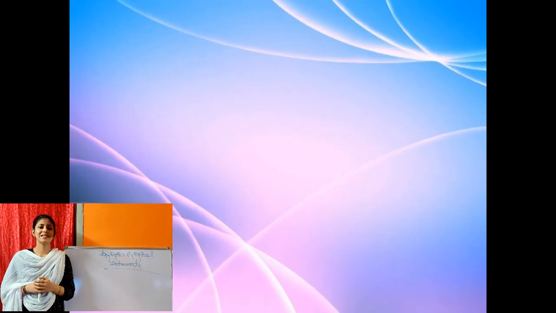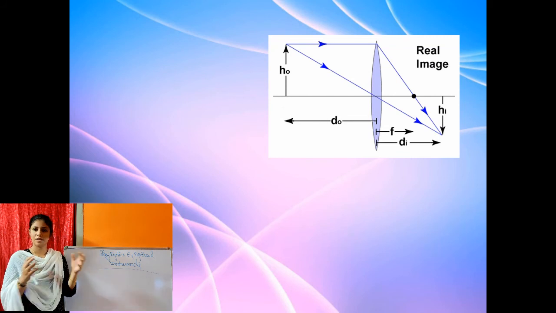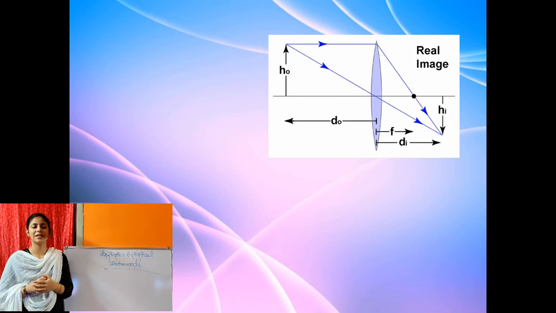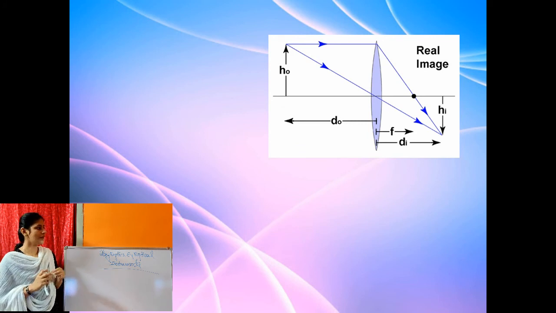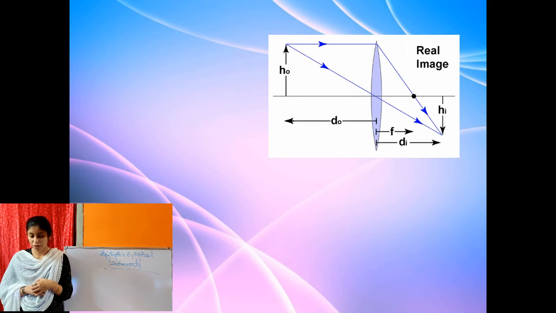Now let's discuss the images in case of lenses. As in the case of reflection, which we have already discussed, images are of two types here. One is a real image, another one is a virtual image. As you can see here, there is a ray diagram where one convex lens is used.